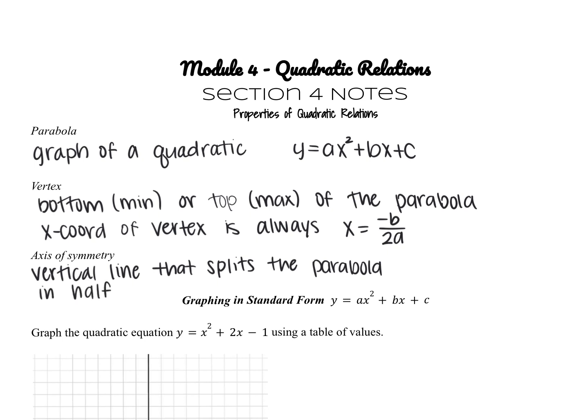Now the nice thing is that vertical line always goes through the x value of the vertex, because the vertex is that minimum or maximum point of your quadratic, it tells you where it gets split in half. So we use the equation x equals negative b over 2a, just like we do when we find the x value of our vertex.